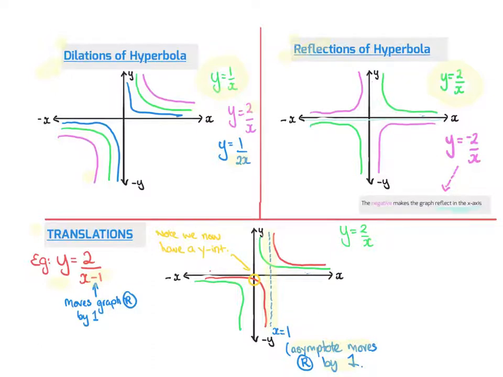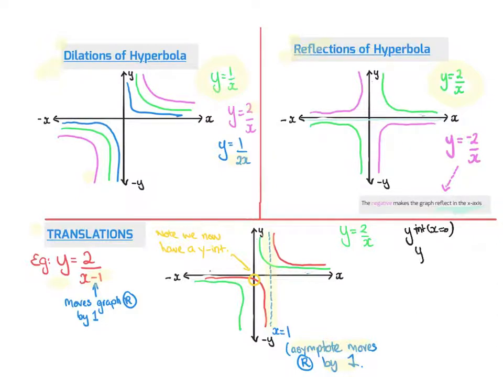Now note that when you do some translations and move the graph, you will now get a y-intercept. If they ask you to state the y-intercept, remember that the y-intercept is when x equals 0, so you just pop that into your formula.